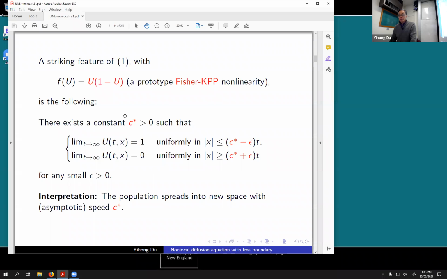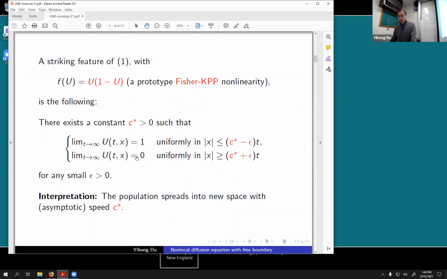So they can prove the existence of a positive constant C star, so that the population density inside, well, in dimension one, really this is an interval. That's the right end. The left end would be this with a minus sign. So inside of this interval enlarging with t, the population density for large time is roughly 1. Outside of that interval, population density is roughly 0.